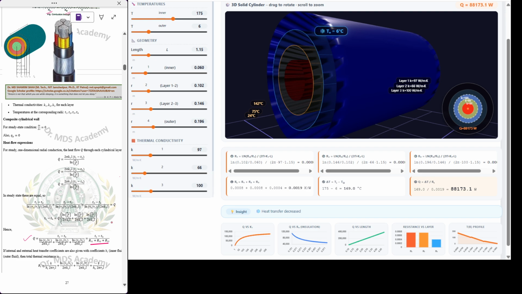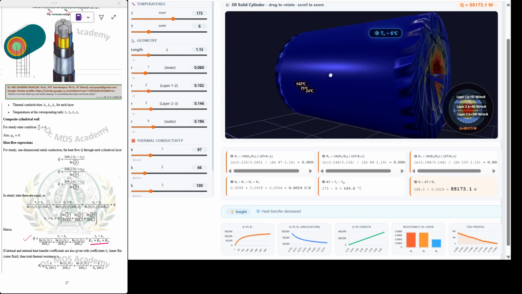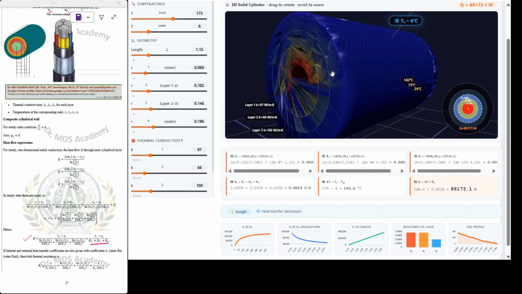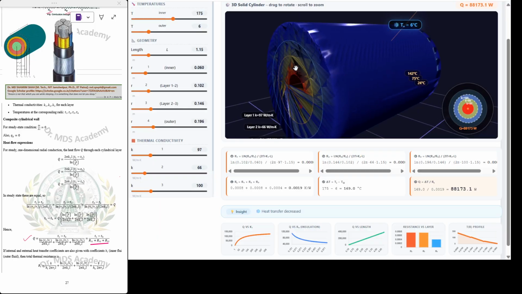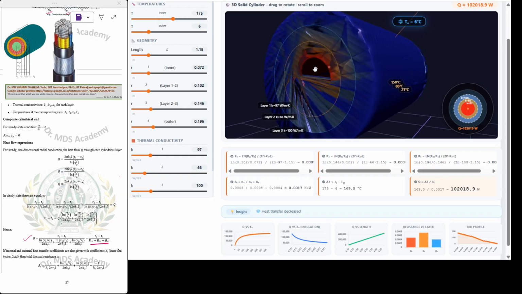So in the animation, see T inner. What is T inner? Inner is the inside temperature. This is our 3D cylinder having three different layers, R1, R2 and R3. This is our R1, the hollow one here.